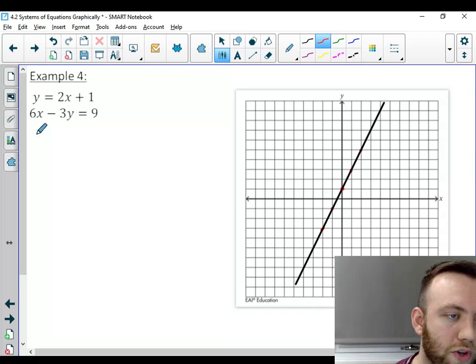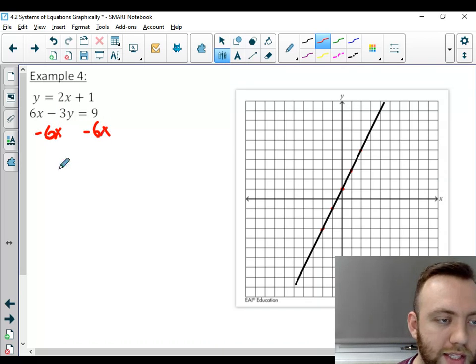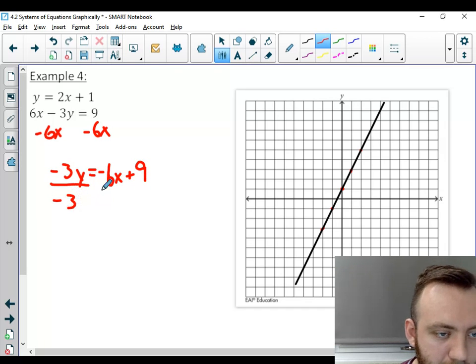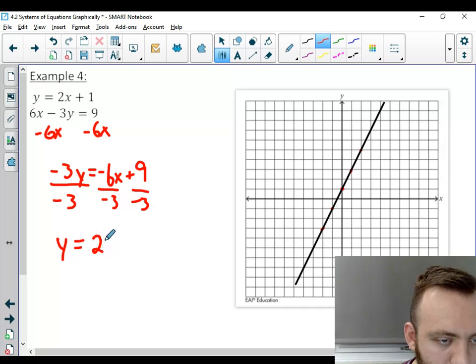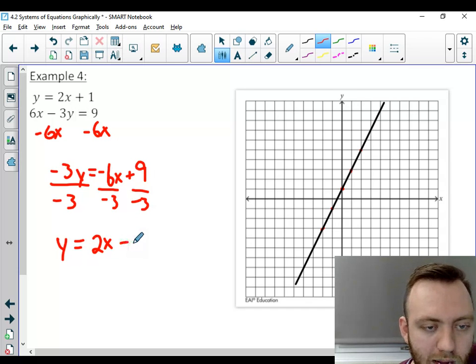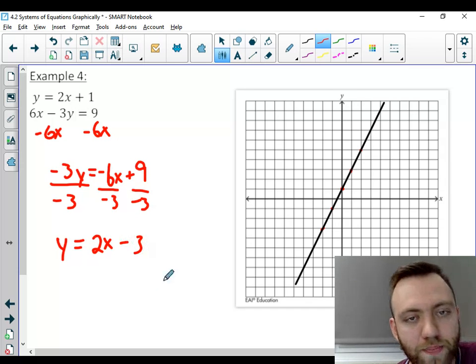And then here we have to solve again, so let's subtract 6x from both sides. Get negative 3y equals negative 6x plus 9. Divide everything by negative 3 once again. Then we're going to get y equals 2x, negative 6 divided by negative 3, minus 3.